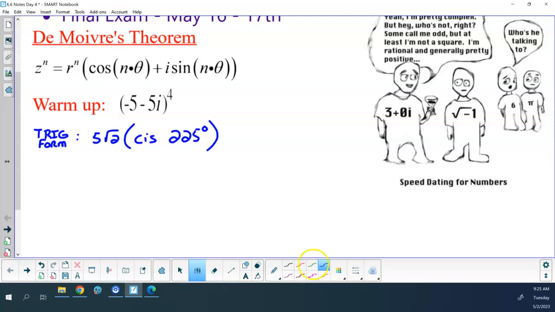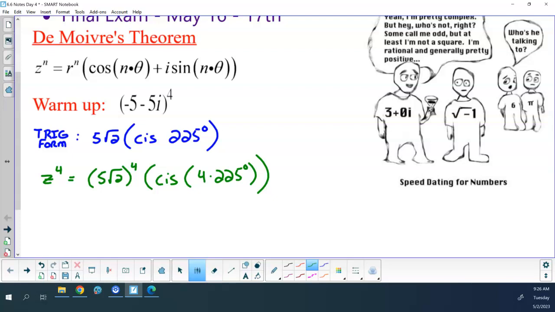Then de Moivre tells me then that z to the 4th power would be 5 square roots of 2 to the 4th power cosine I sine of 4 times 225 degrees. 5 square roots of 2 to the 4th power is going to be 5 to the 4th power, which is 625 times 2 times 2, so times 4.